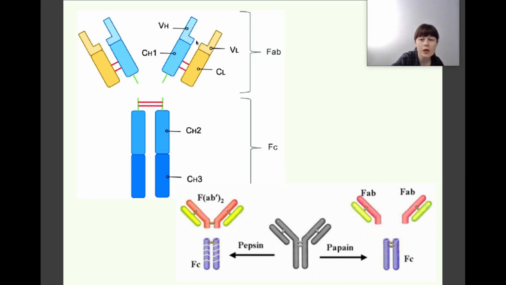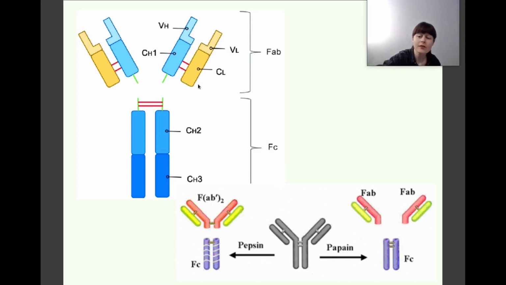Here, if we describe more, you can separate the antibody structure into two components. It could be easy for you. Two Fab fragments, and Fab stands for antigen binding.